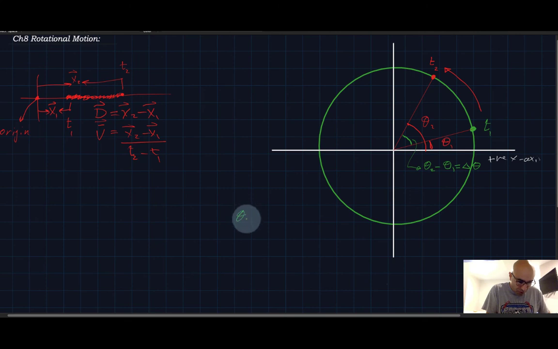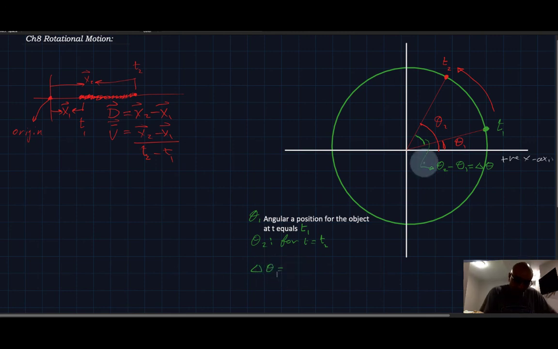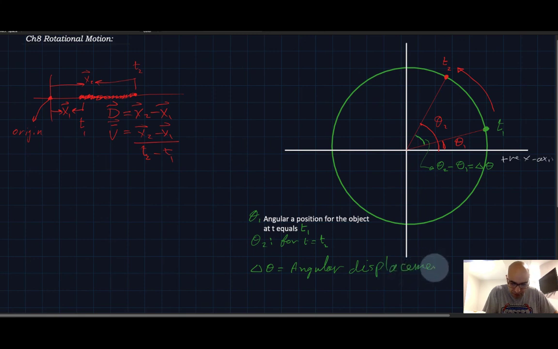Theta 1 is the angular position of the object at t equals t1, and theta 2 is the angular position for the object at t equals t2, after some time has elapsed. Now delta theta is what we call the angular displacement, same as when we talked about the linear displacement, which is basically theta 2 minus theta 1.